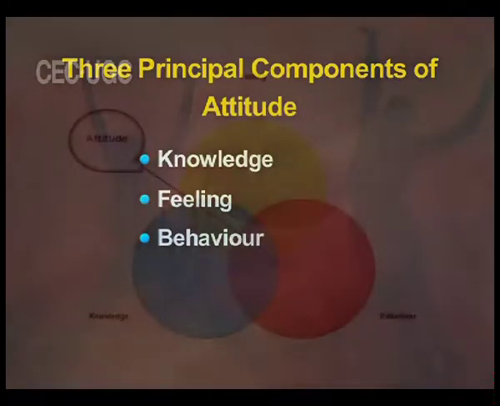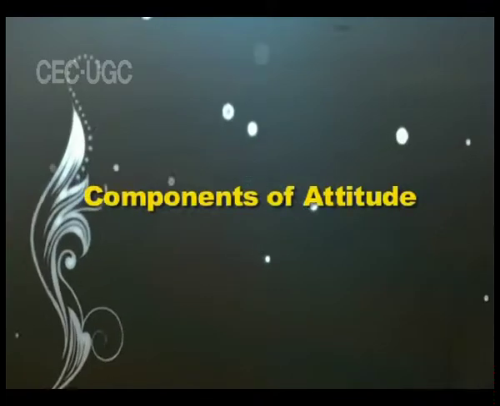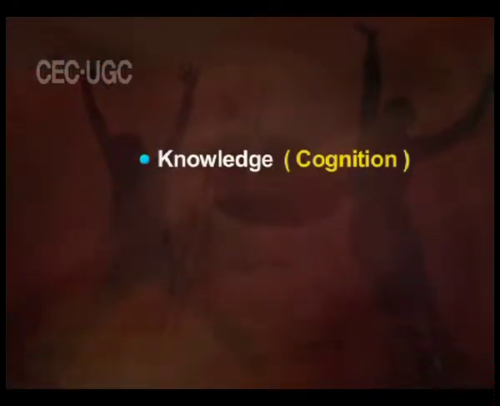Let us take a look at the diagrammatic representation of attitude components. As just mentioned, attitudes possess three main components or aspects such as knowledge or cognition, feeling or affect, and behavior.